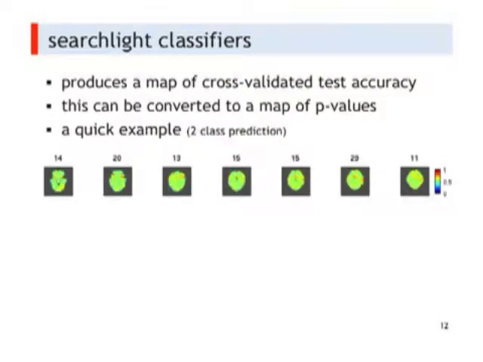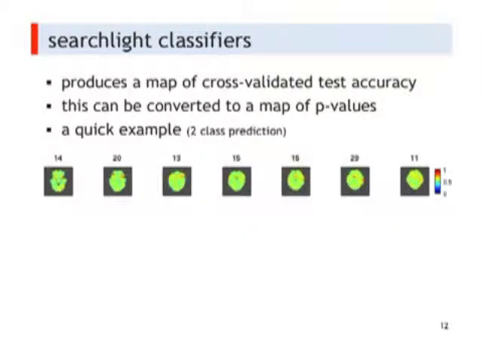Before I launch into more details, I just want you to have in mind what a searchlight accuracy map would look like. At every voxel there is a value that's essentially its prediction score, using that voxel and the searchlight around it. So just for this talk, it's the voxel and its immediate neighbors in 3 dimensions. This can in turn be converted to a map of p-values.